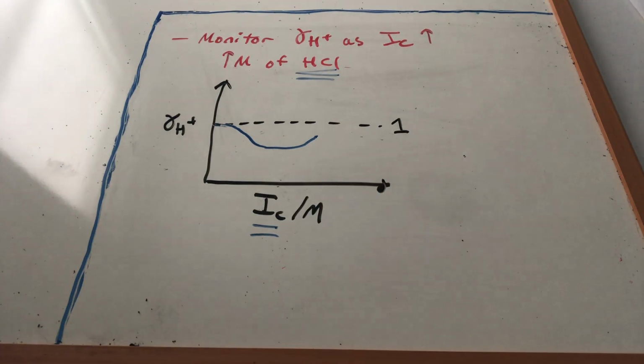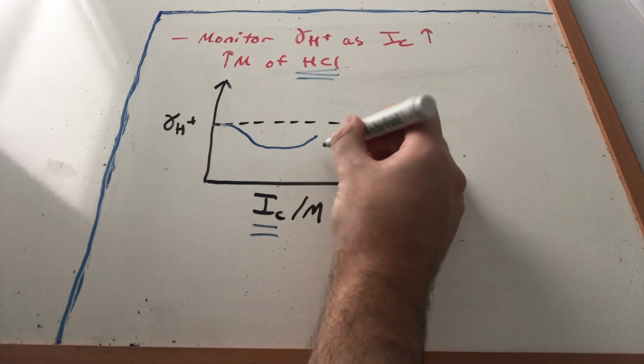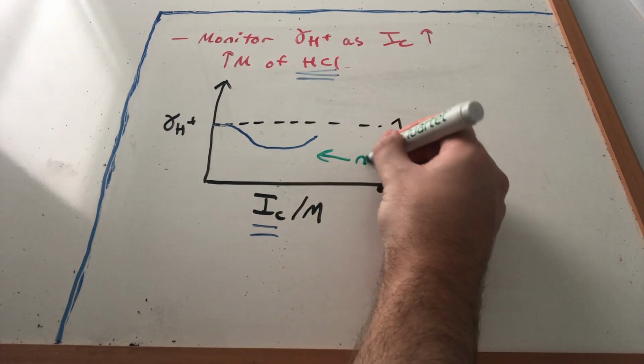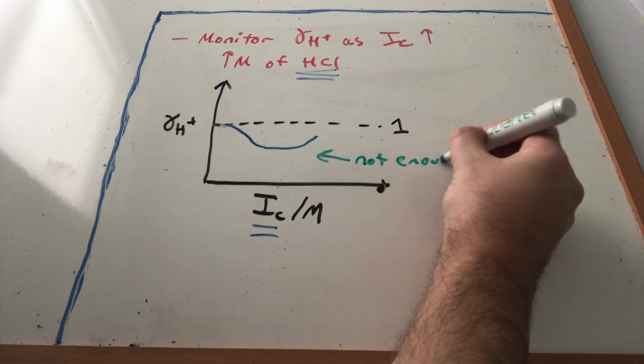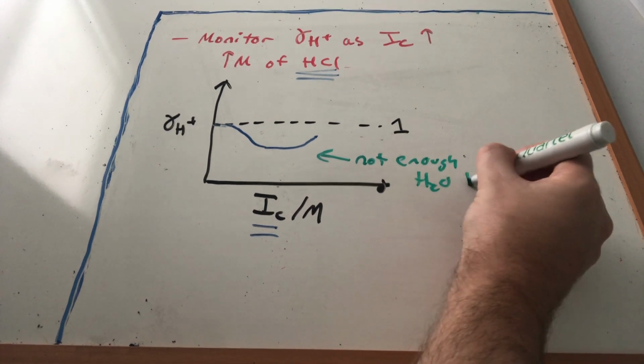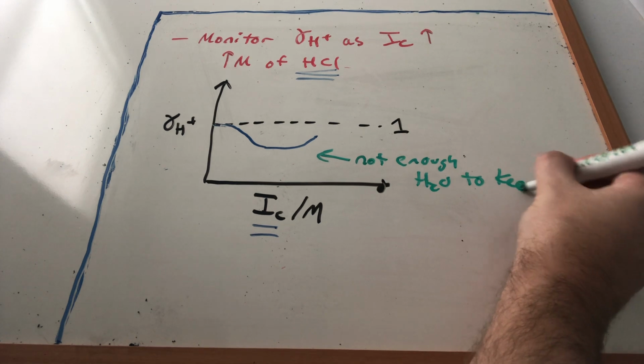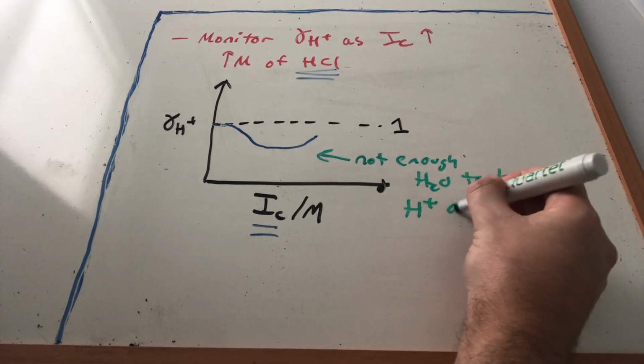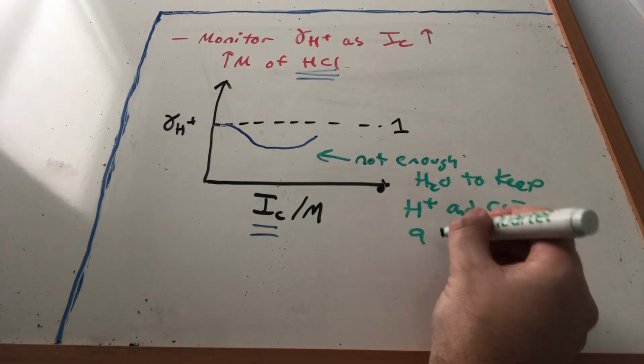And the way that we view this trough is essentially there's not enough water to keep the H plus and Cl minus apart.